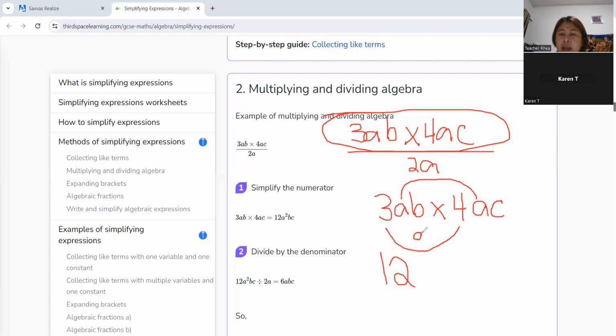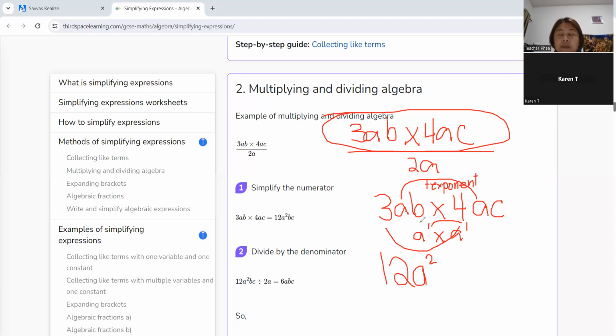So a to the power of 1 times a to the power of 1. You add the exponents, so 1 plus 1 is equal to 2. The exponent of a now becomes a power of 2, a squared.